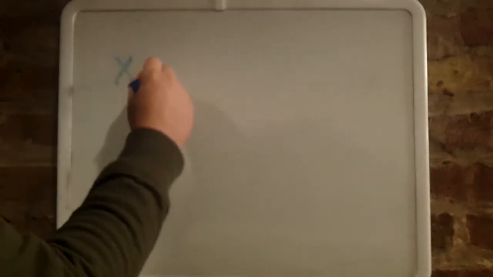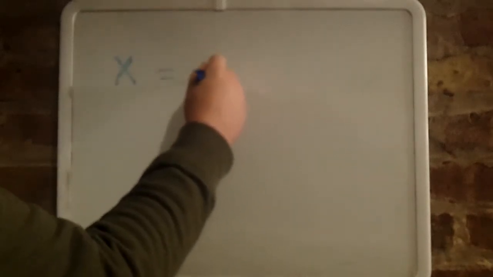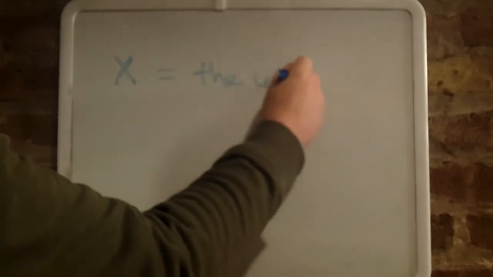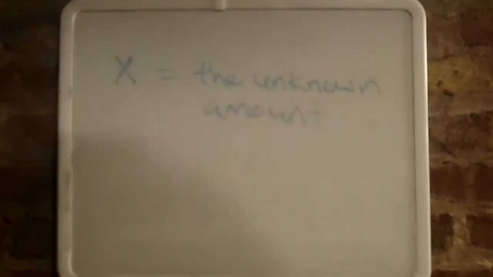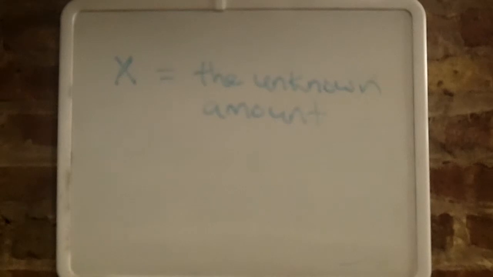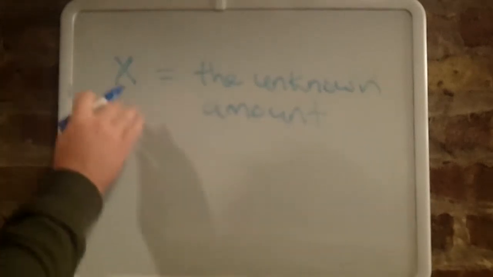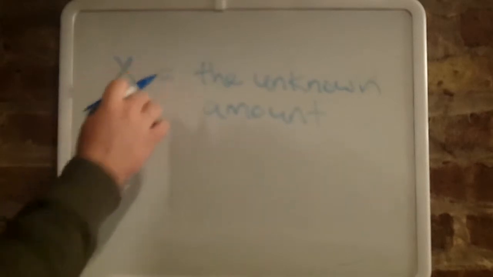The second, and I'd say the most fundamental concept in algebra, is the idea of the unknown. So we use the letter x to represent the unknown. And we'll see how this concept comes into play more when we talk a little bit about word problems. So the goal in algebra is always to get x by itself on the left side of the equal sign.